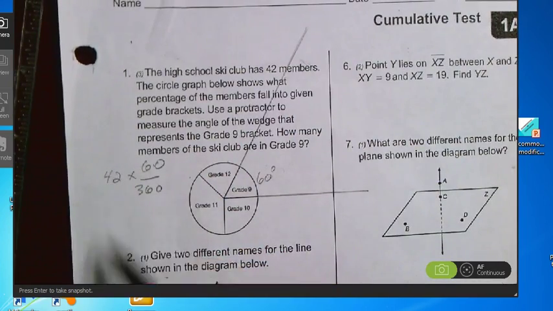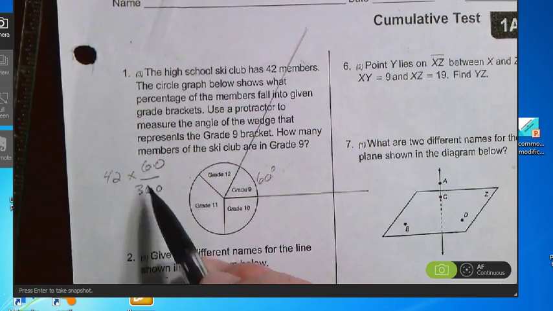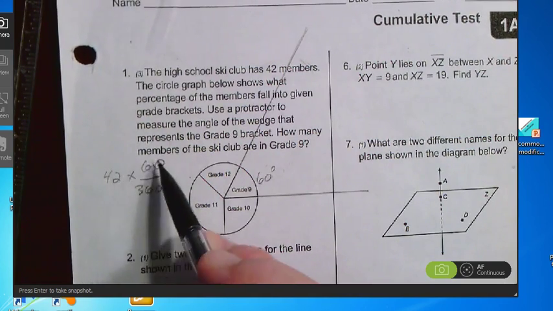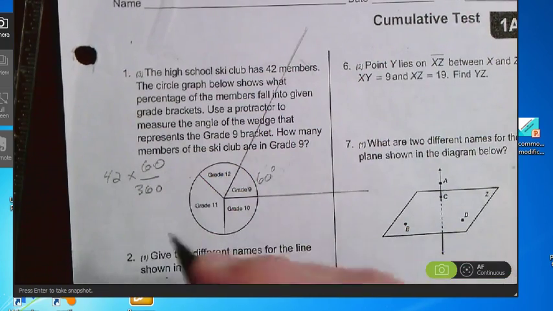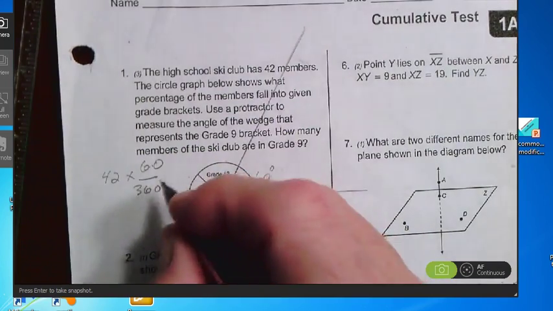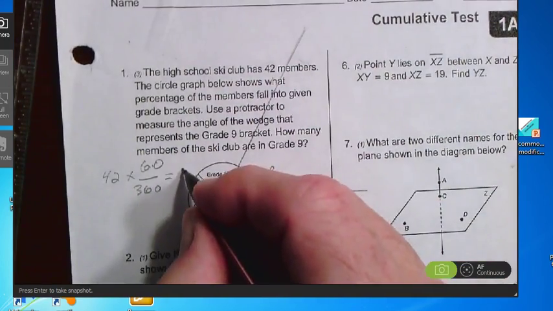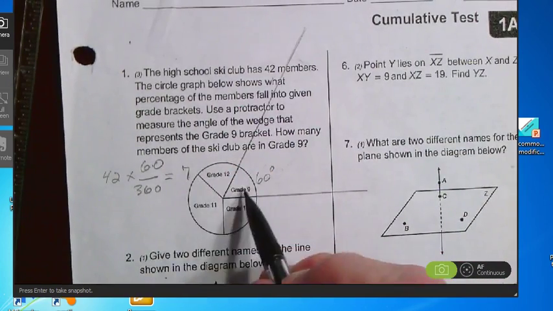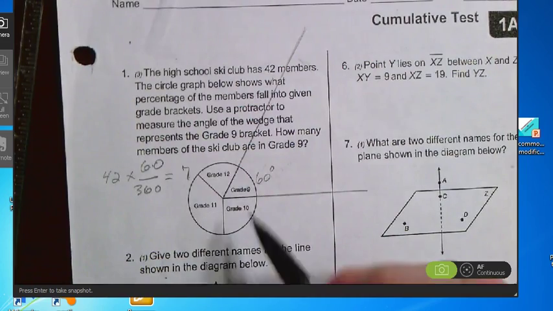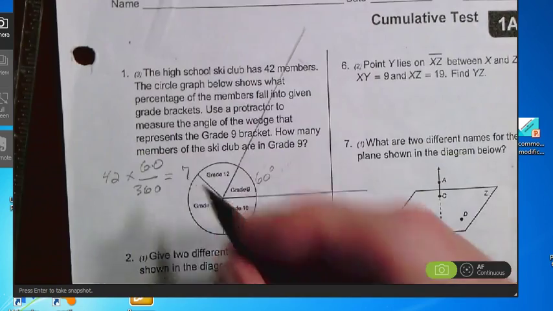So you can calculate it: you can say 42 times 60 divided by 360, or you can say 42 times 1 and divide by 6 if you reduce that. All right, so your answer ultimately is 7. So you've got 7 members that fall in the 9th grade bracket, out of 42. So that's your answer.